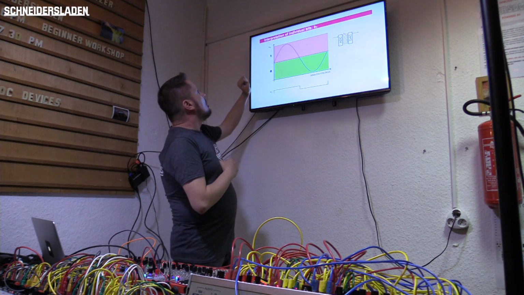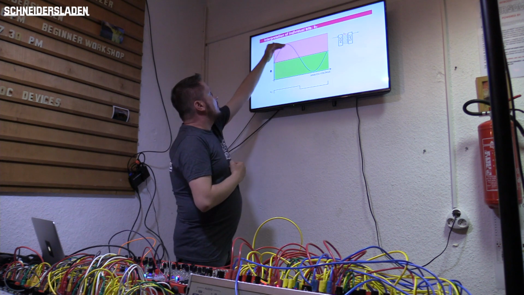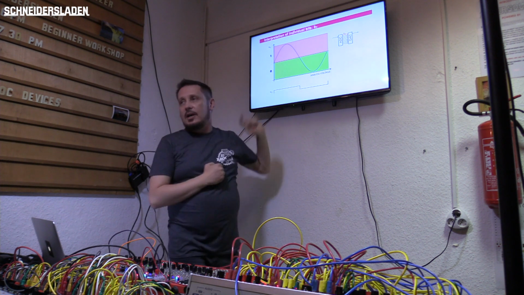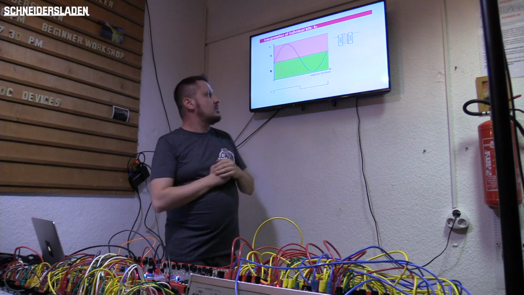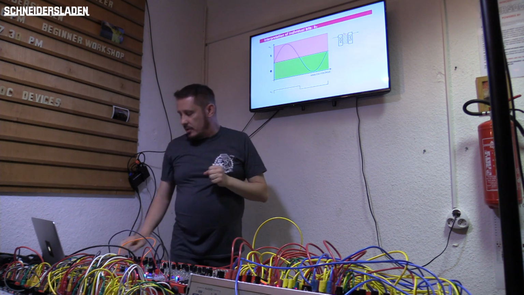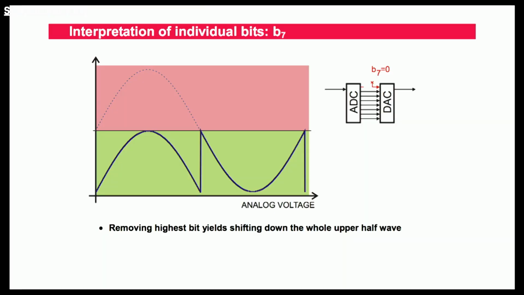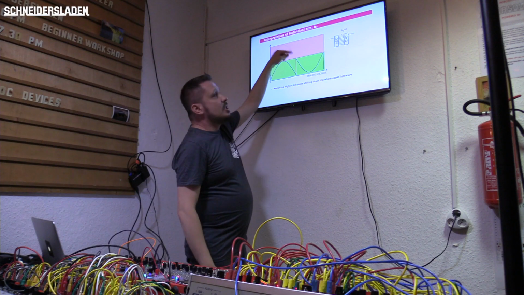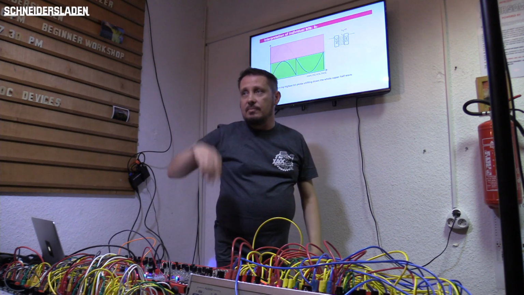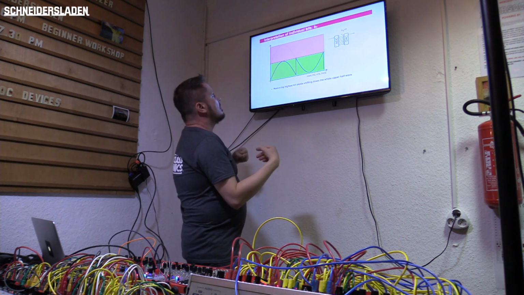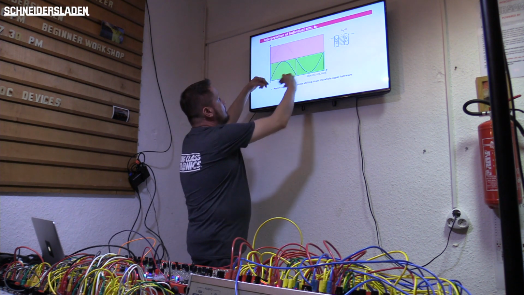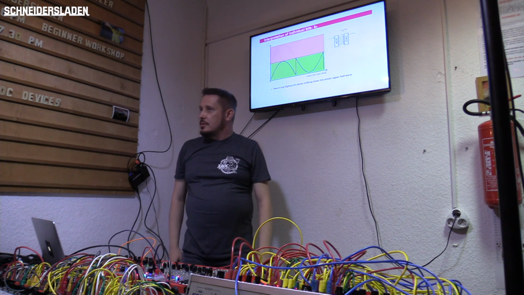So whenever your waveform is in the upper half, we have 1 at the output of the most significant bit and 0 if not. So what happens if we remove just this single bit from this representation? It will just remove the information that we were in the upper half of the range, and the whole waveform will flip to the lower side.